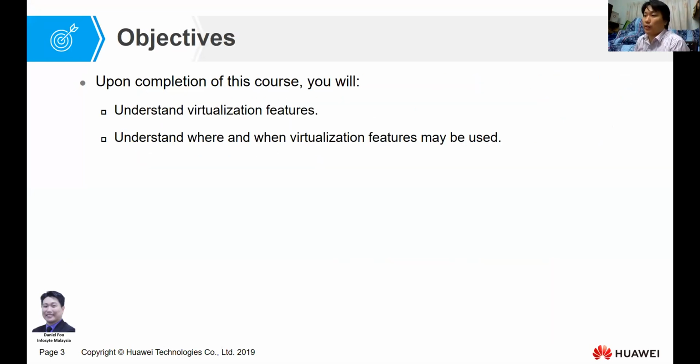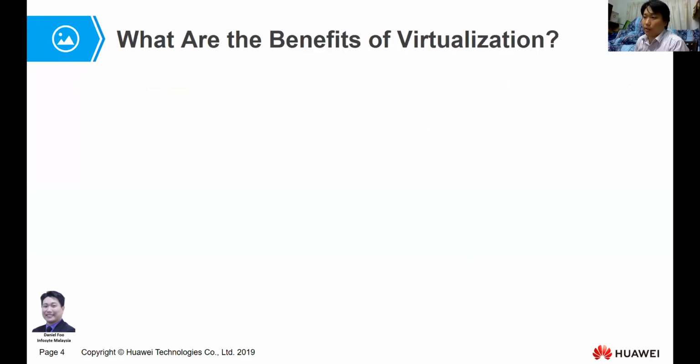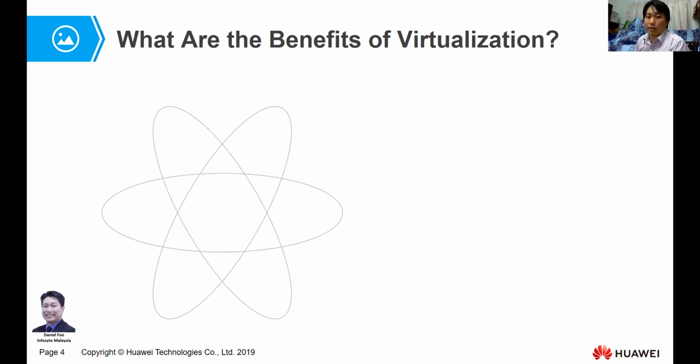The objective here is to look more in depth at the virtualization features, and where and when virtualization features may be used. So you have more understanding from the theory point of view. You can try to relate it to the things that we did yesterday in the demo.